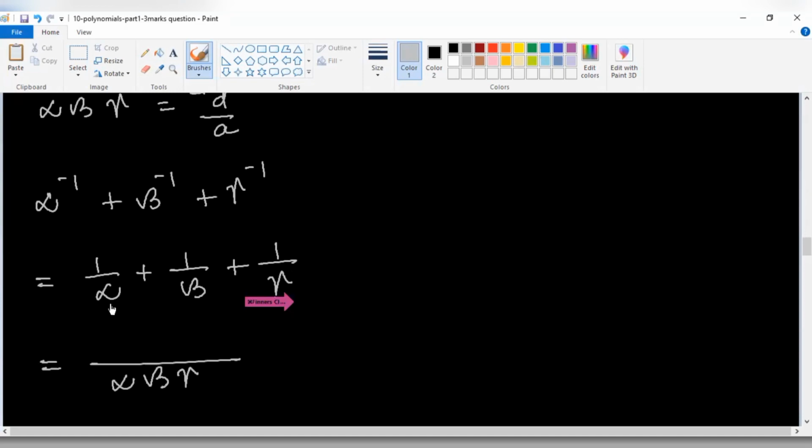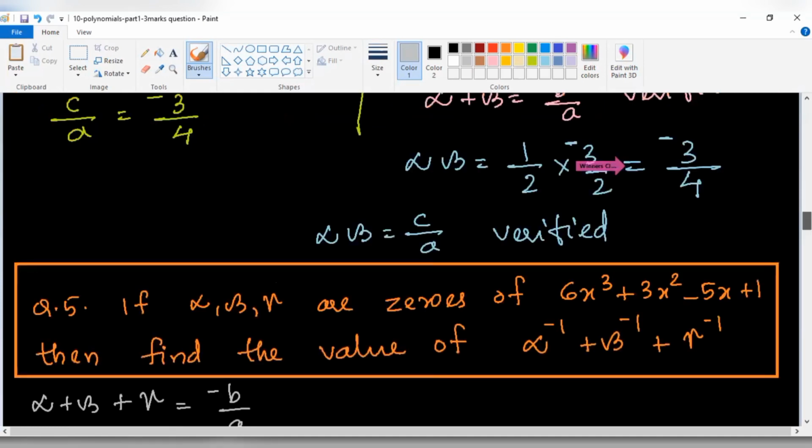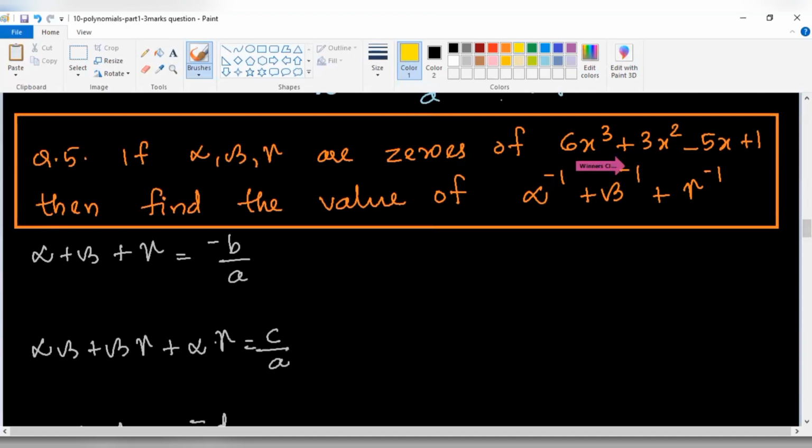In the numerator, alpha is already there in the denominator, so beta gamma will be here, beta gamma plus alpha gamma plus beta alpha. This is alpha beta plus beta gamma plus alpha gamma, that is c by a, right? See here, it is c by a, and the denominator part is alpha beta gamma. So we understood that we can get the answer from the coefficients itself.